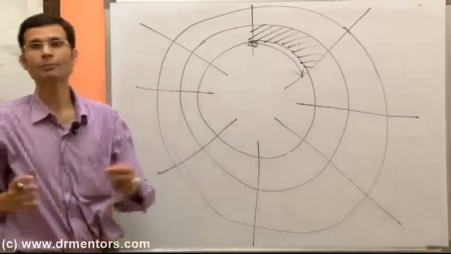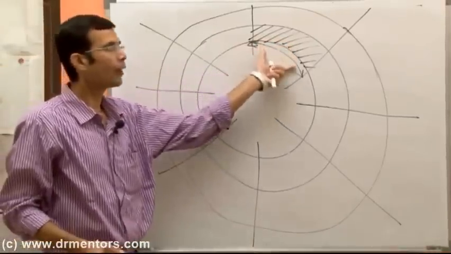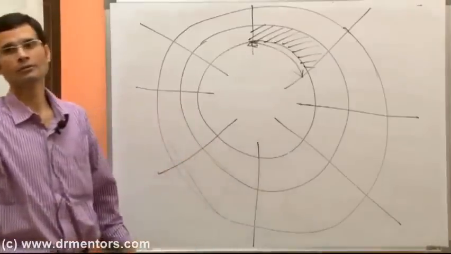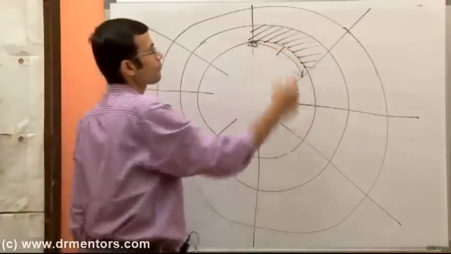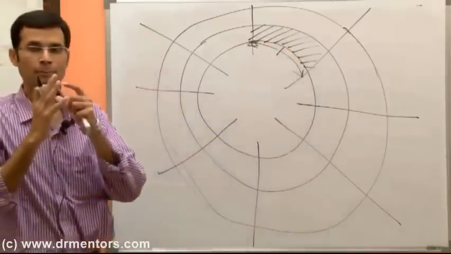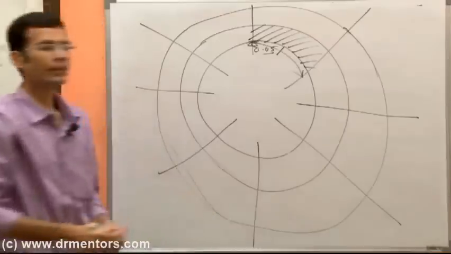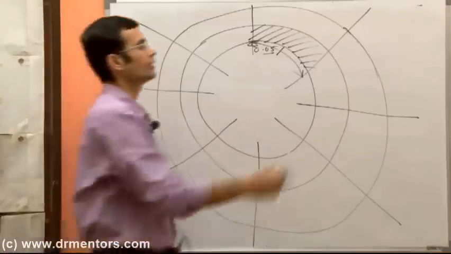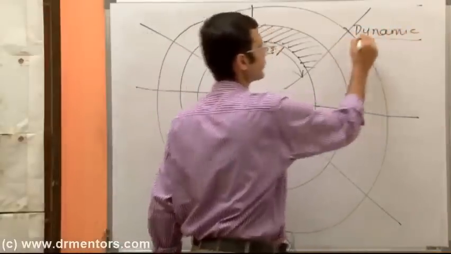Such contractions are myotonic contractions, and this 0.1 second of atrial systole is similar to the myotonic contraction, because the first 0.05 second is a stronger contraction. So it's called the dynamic phase of the atrial systole.